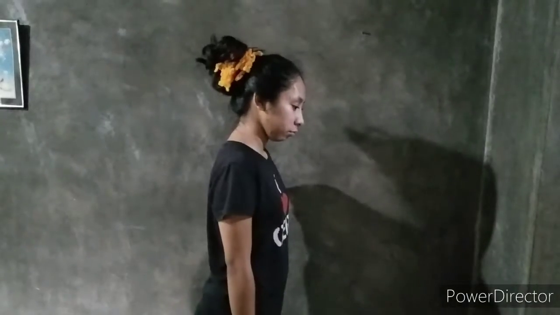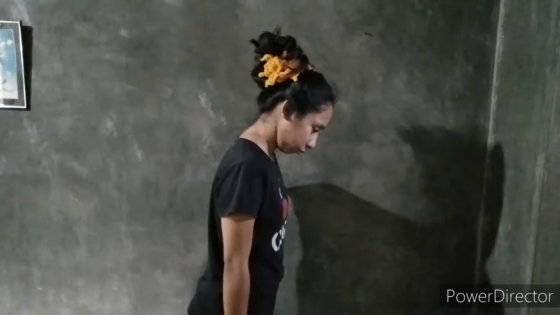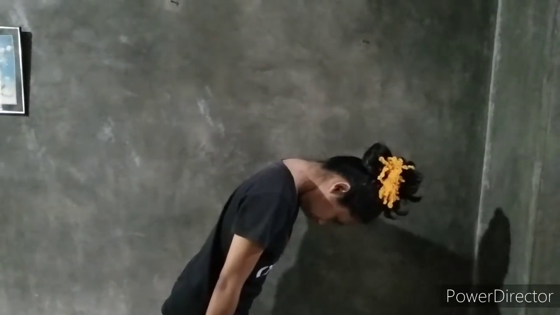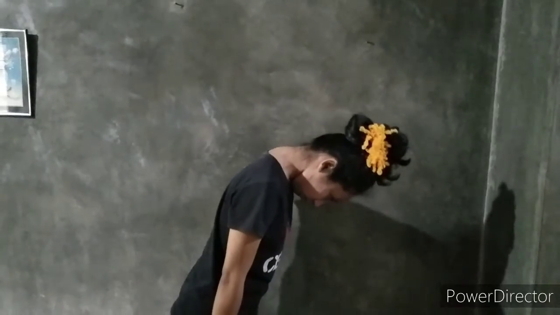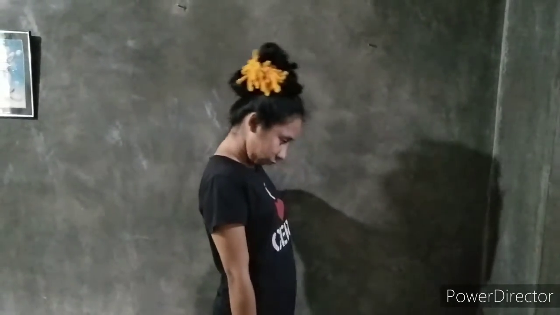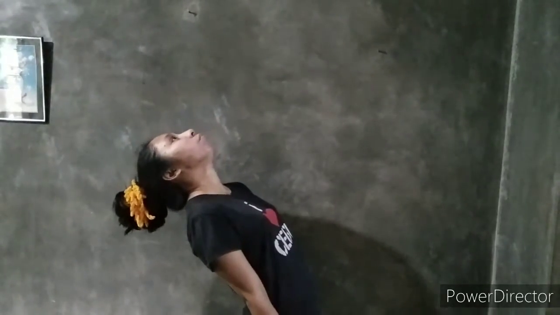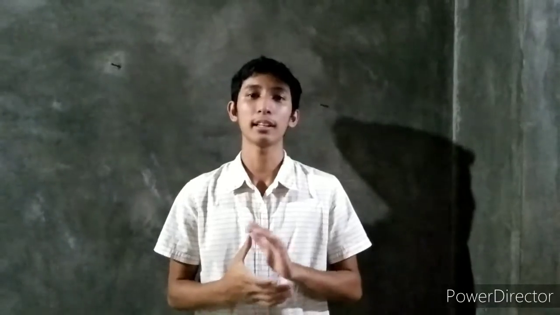The flexion of the vertebral column is going in front downward of the body, while the extension of the vertebral column is going at the back downward with the help of bones and muscles that the body consists. That's all for the flexion and extension of shoulder, knees, neck, and the vertebral column.